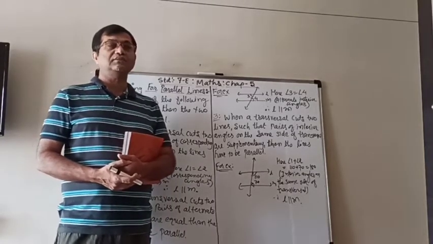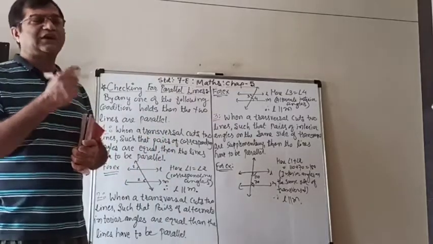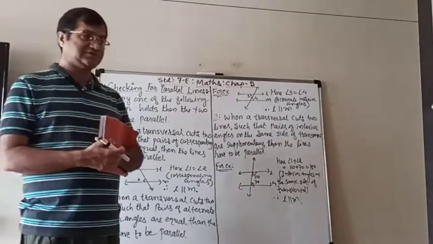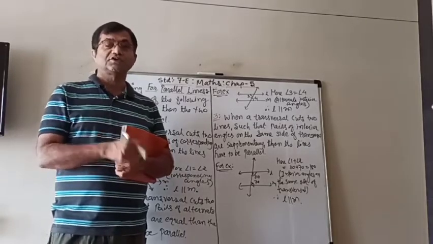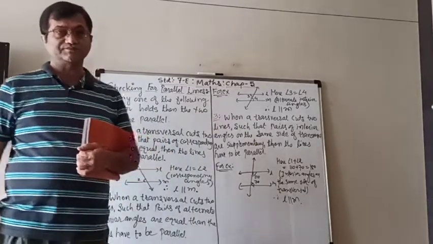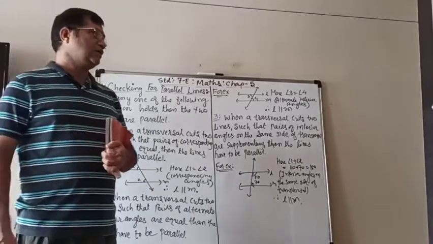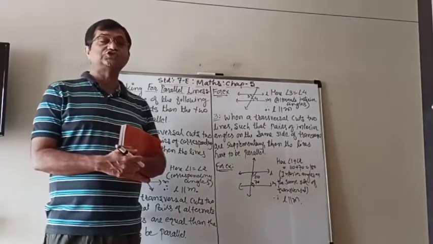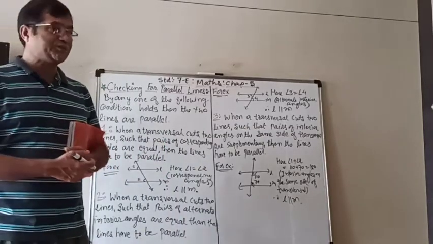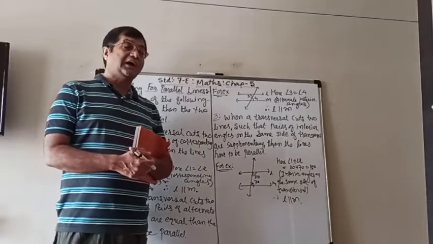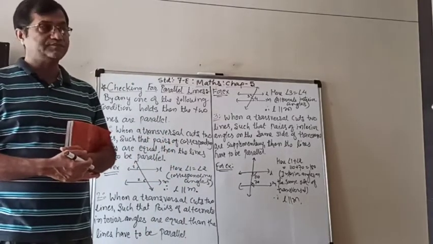First was that when a transversal cuts two parallel lines, then each pair of corresponding angles are equal. Second, we learned that when a transversal cuts two parallel lines, then each pair of alternate interior angles are also equal.